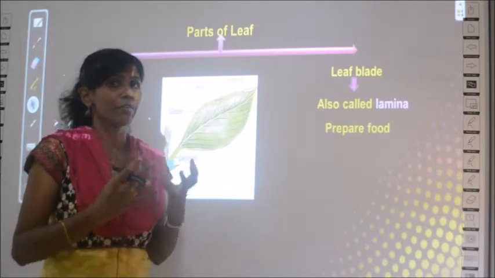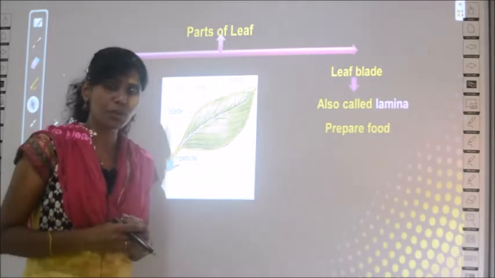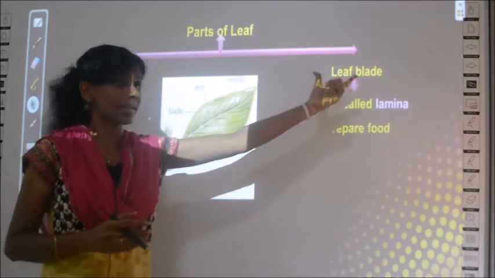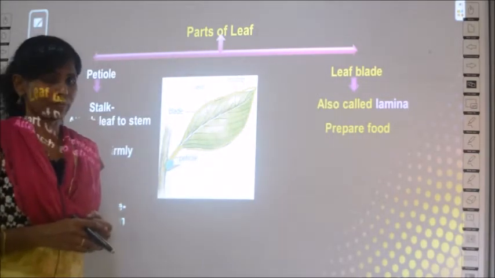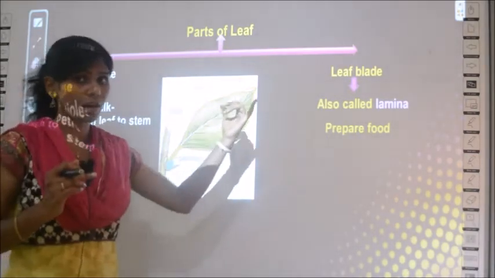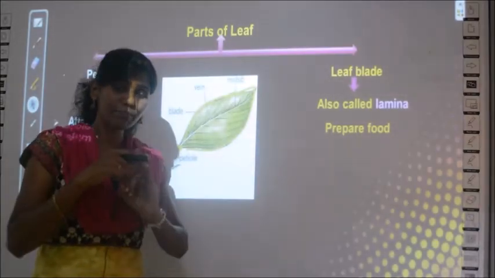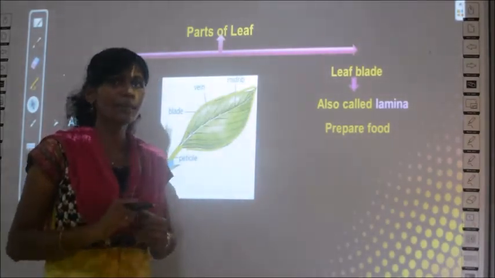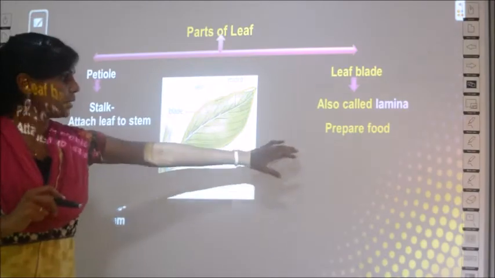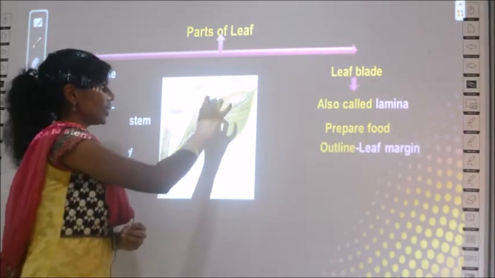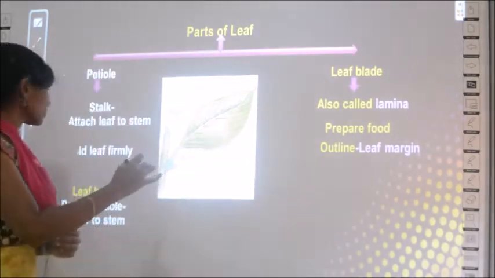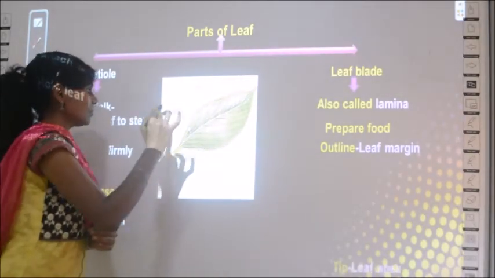So which portion of the leaf is responsible for photosynthesis? This leaf blade is only responsible for photosynthesis. Okay. So leaf blade is also called lamina, the region where actually photosynthesis happens. Then what else you need to know? The outline. See this outer region, no? This is called the outer region.